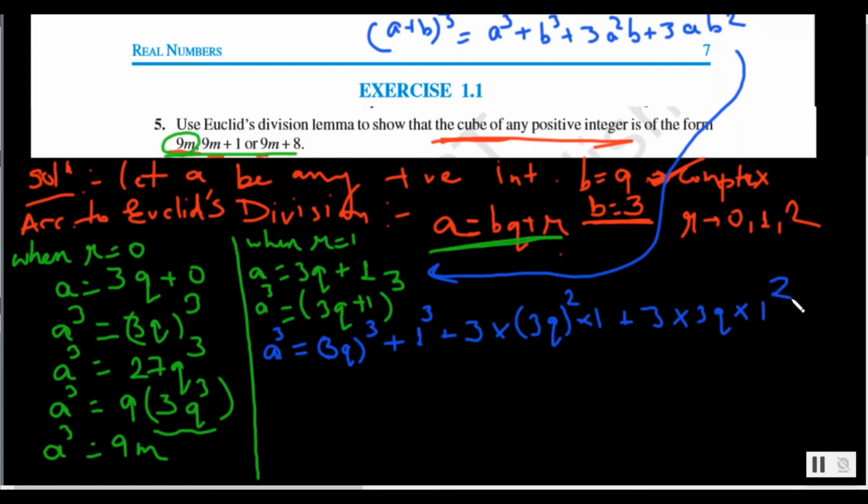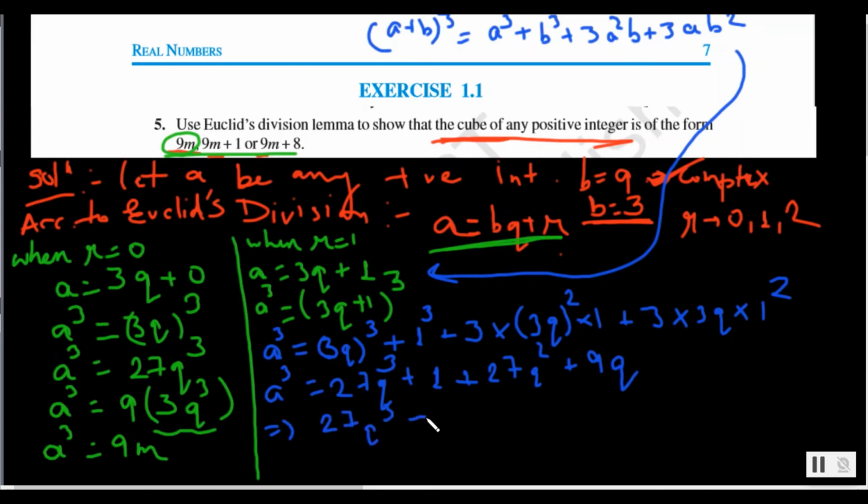Now this can be expanded as 27q cube plus 1 cube, 1 cube is 1 itself, plus 27q square plus 9q, which will give us 27q cube plus 27q square plus 9q plus 1.